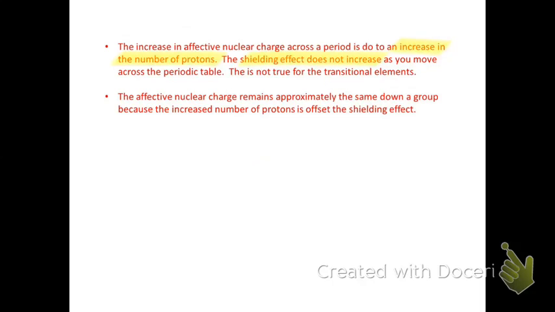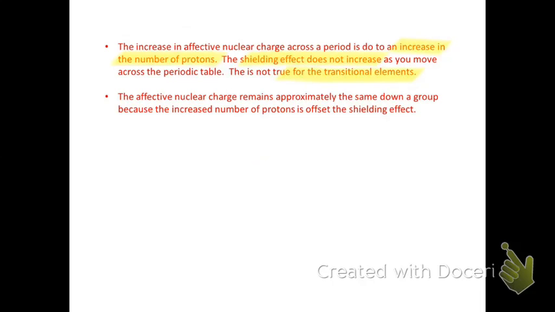Now this is not true for the transition elements. With transition elements, we actually see the shielding effect taking effect, and the shielding effect is going to offset the increased number of protons. So essentially the effective nuclear charge doesn't really change much when we're talking about transition elements.